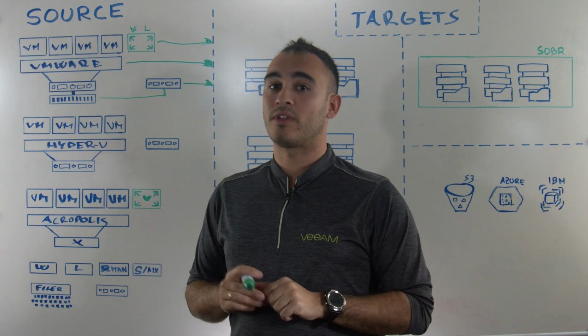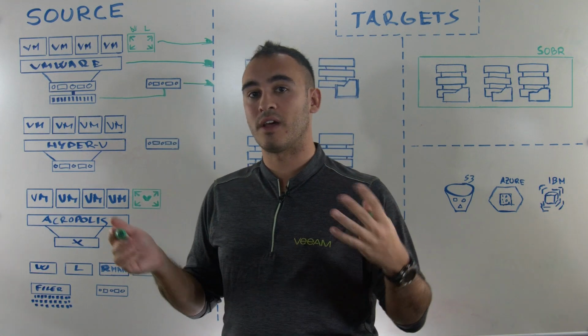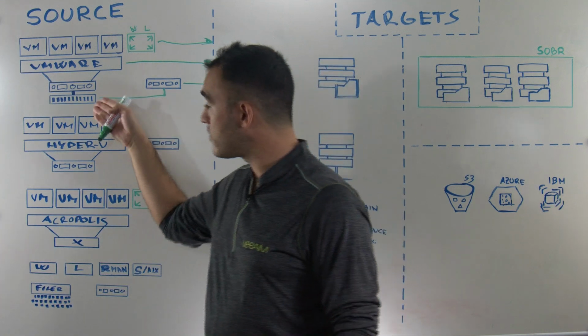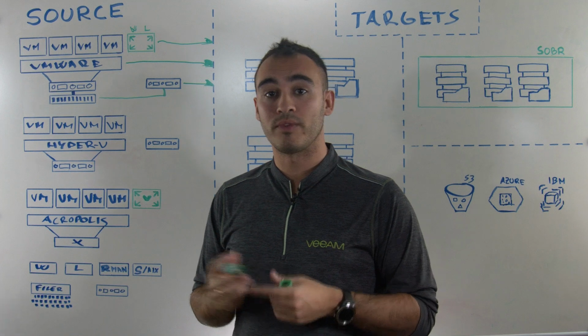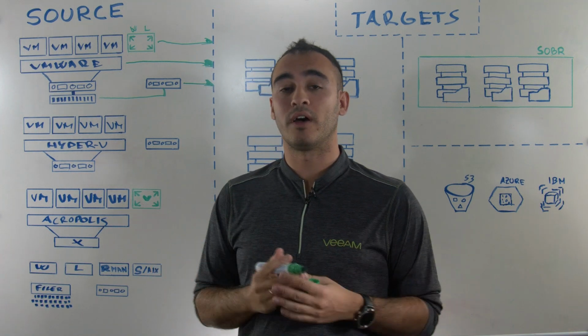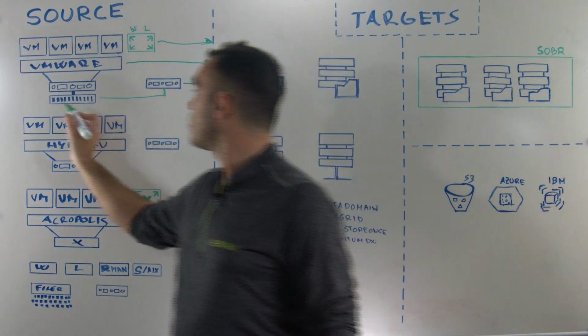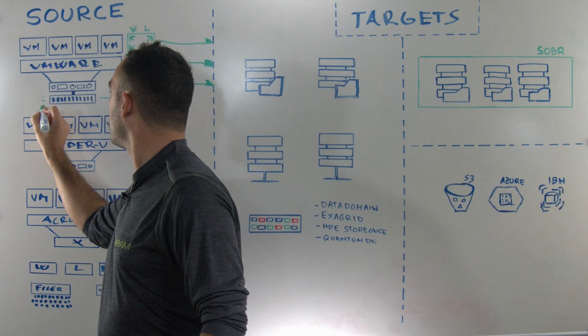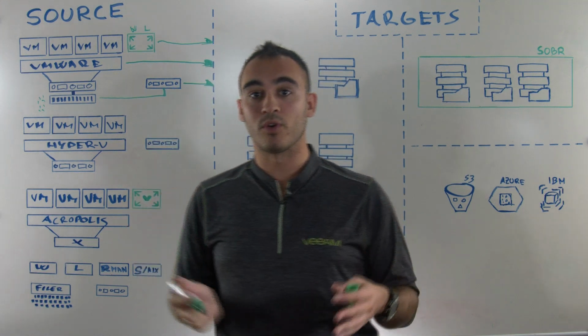And another really cool thing with the storage integration is that you can retrieve the information from the SAN directly, and you can trigger the API of that specific vendor to do different things. For example, storage snapshots. Here we can trigger snapshots, as many snapshots as we want, directly from the Veeam console itself.